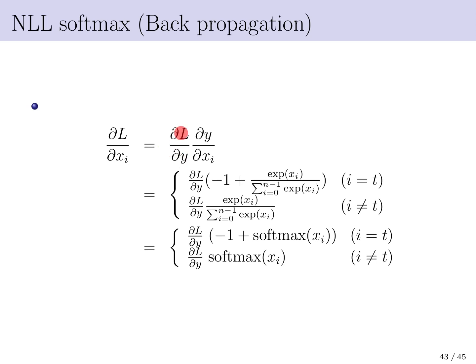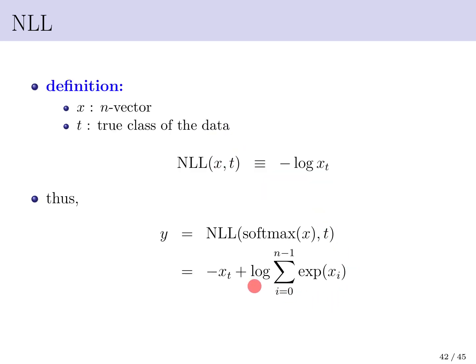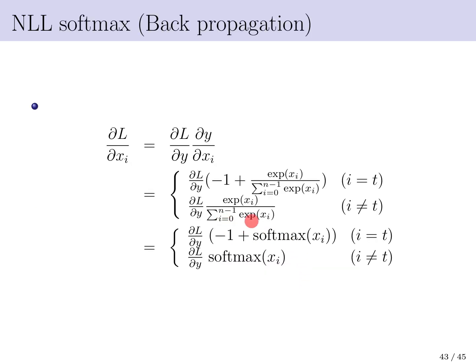So you simply multiply dl over dy by dy over dxi, and you obtain this dy over dxi just by looking at this definition. Which is very simple mathematics.